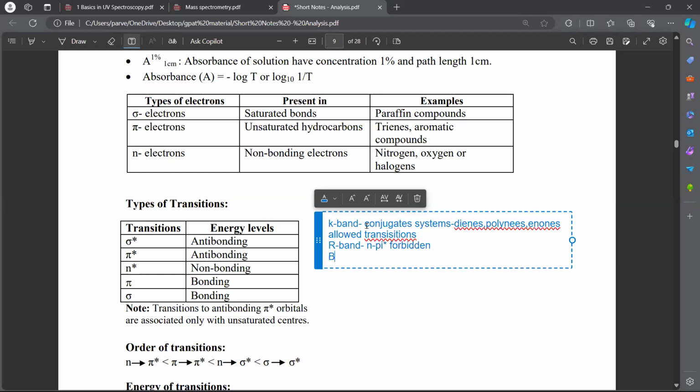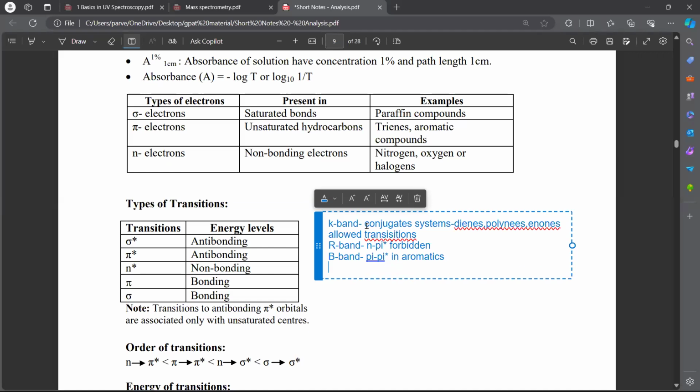Next, B band. The B band mainly occurs due to the pi to pi star transition in aromatics and benzenoids.